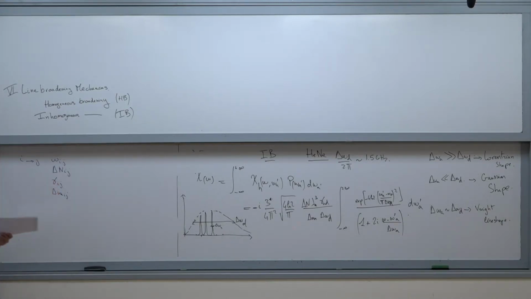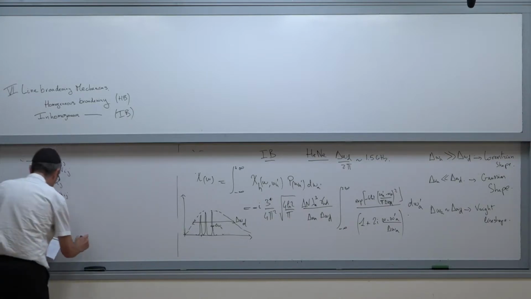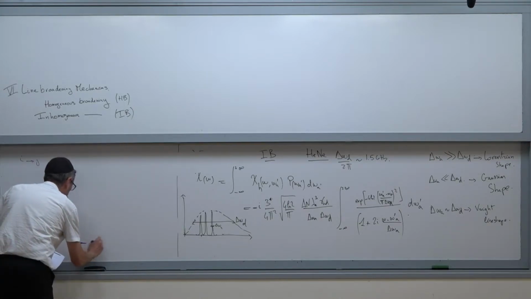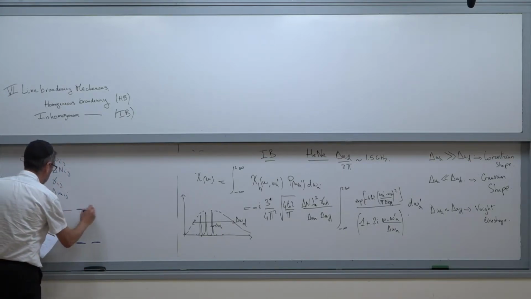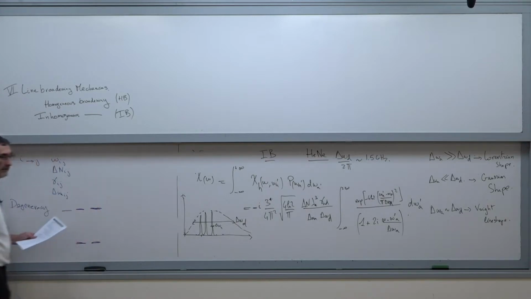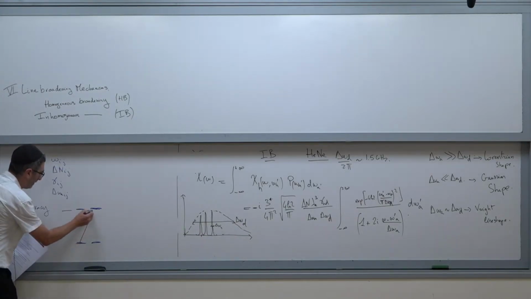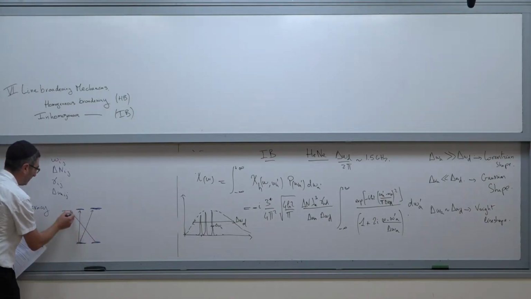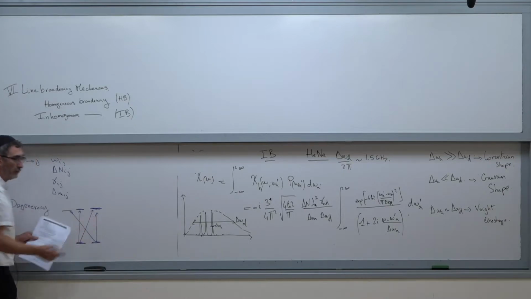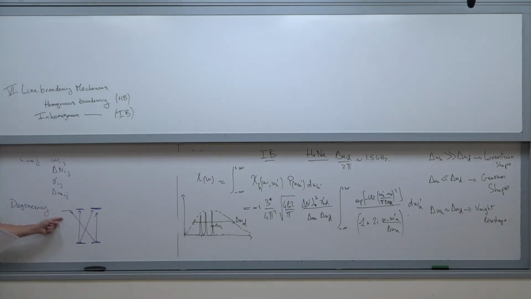So for degeneracy, you may have, let's say, two lower levels at the same frequency, and at the second level here, you may have two degenerate possibilities. Depending on the polarization, you may jump from this one to this one, or you may go from this one to that one, or this one to here. So you may have all the combinations, but here we only have two levels.